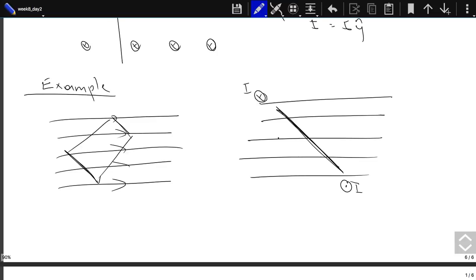The magnetic field lines are pointing in this direction. So what is the direction of the force acting here on this side? I is in this direction. Magnetic field is like this.